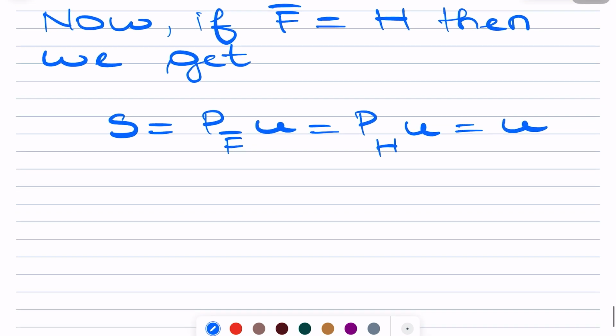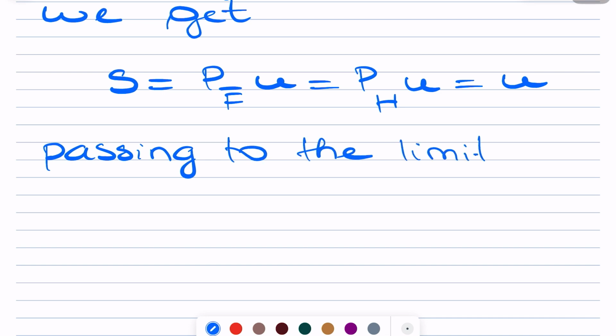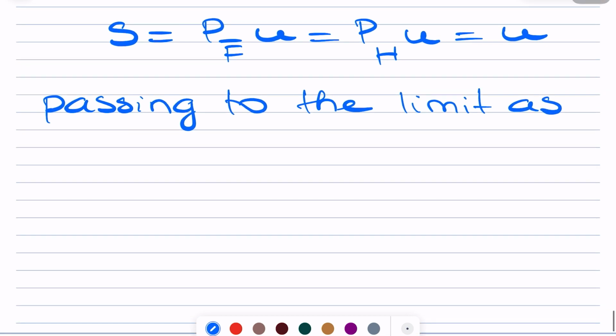So passing to the limit as n goes to plus infinity in relation 25.